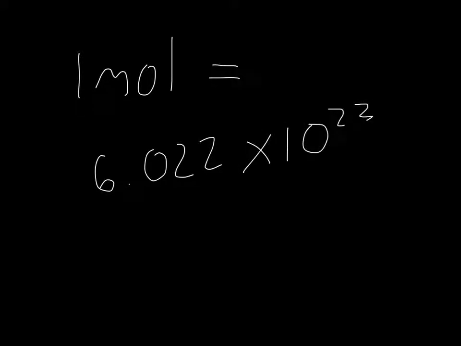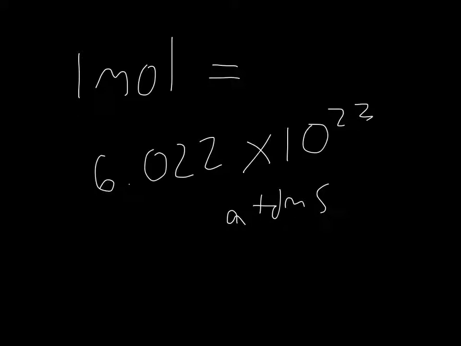Alright, so here we are back at moles. Now, this 1 mole, this is going to seem like a really obscure number, and it kind of is, but it is the number that is used. So, 1 mole is equal to 6.022 times 10 to the 23rd atoms of a certain element, or a molecule.